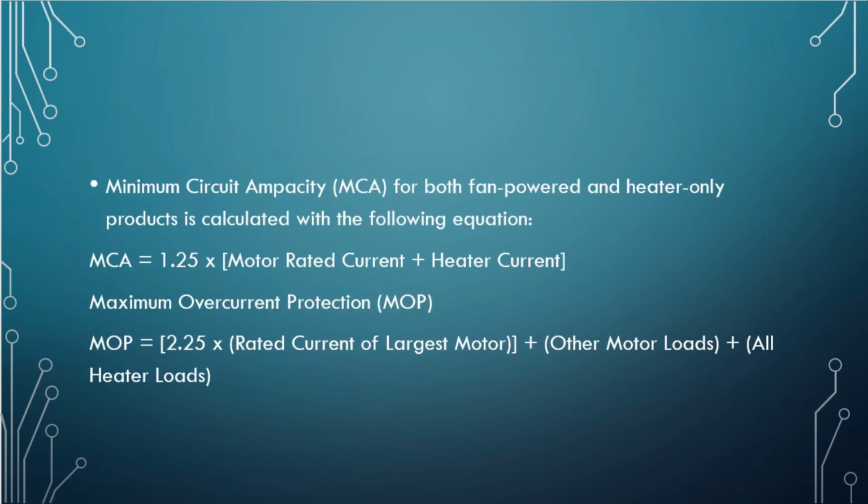So, minimum circuit ampacity is a calculated value that specifies the minimum main power size. More specifically, MCA is the highest steady-state electrical current that the rooftop unit should use when operated correctly.